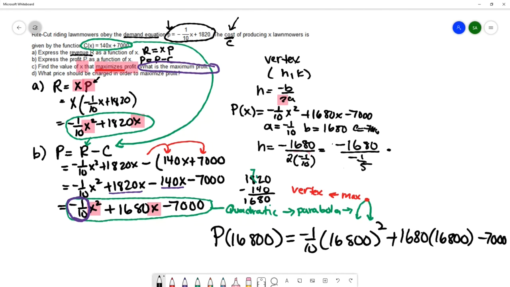A negative divided by a negative would be a positive, and we would multiply by the reciprocal, so that would be 1,680 times 5. So I'm going to get my calculator to do that.